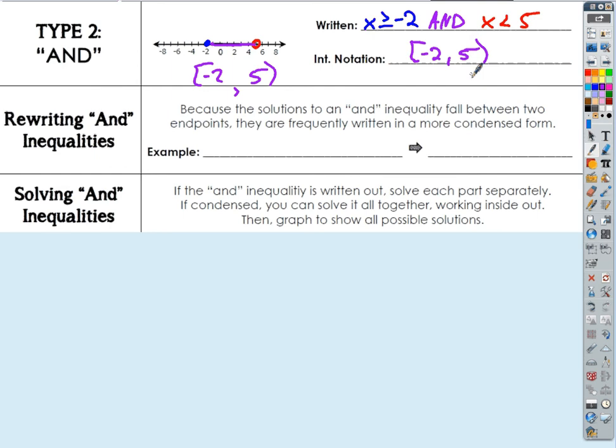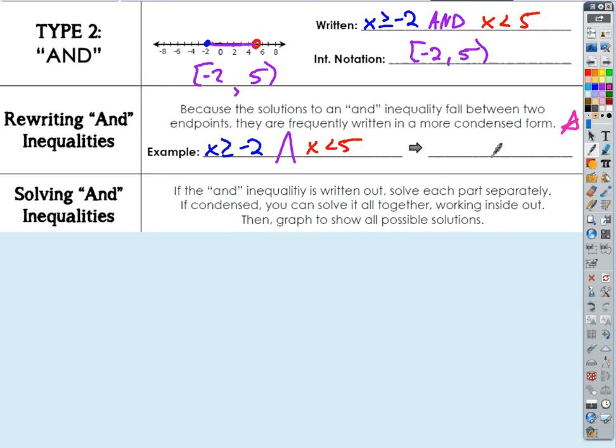So we don't really like to use the word and though, so let's fix this. One step better than this would be to say x is greater than or equal to -2, and, so just flip over the v to create an and, like an upside down v, and x is less than 5. But best of all, this is the way we really want to write it, as a single compound inequality with 3 parts that matches the interval notation.